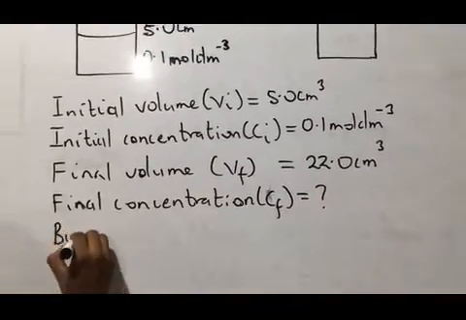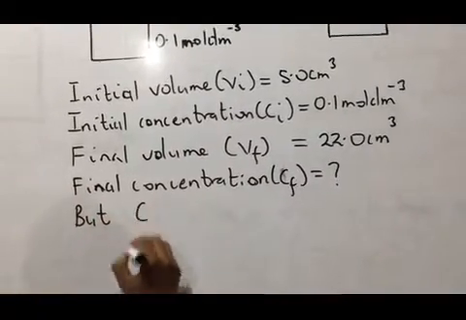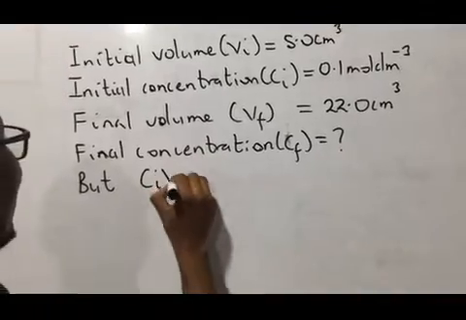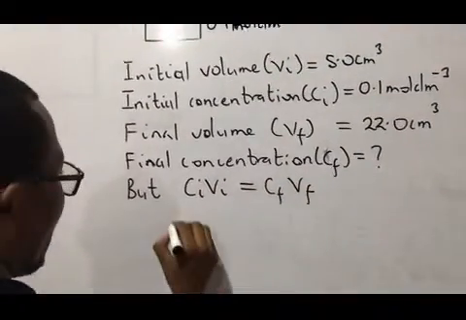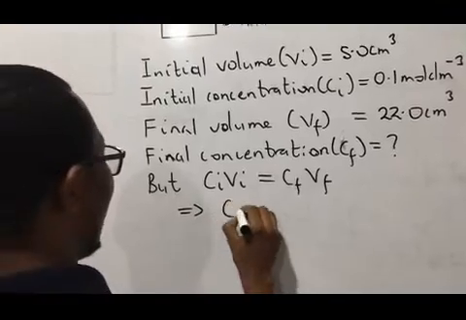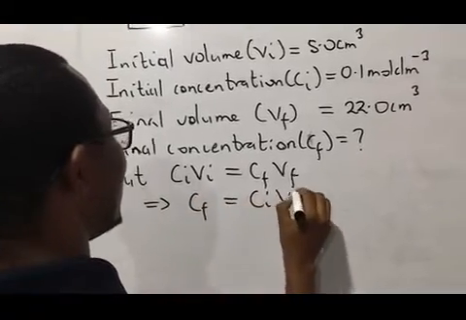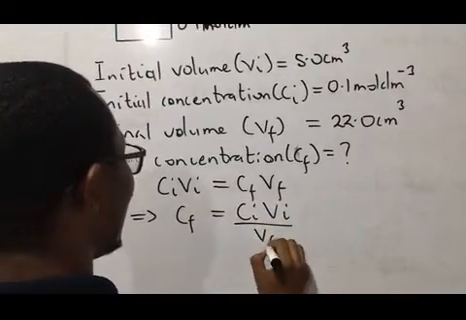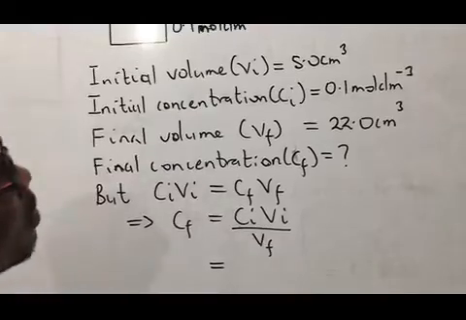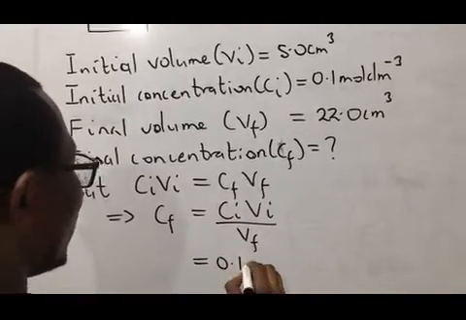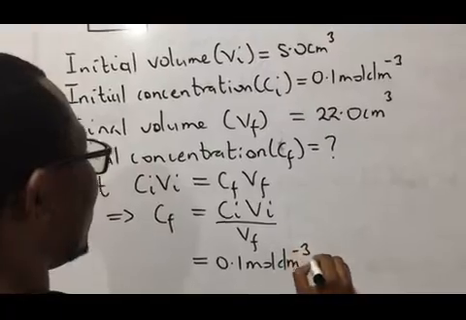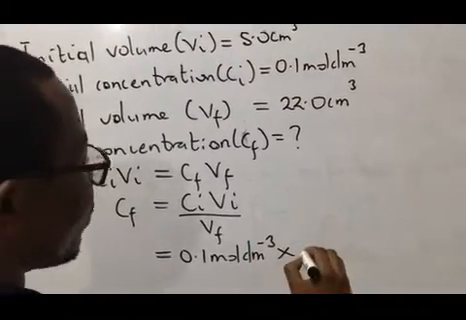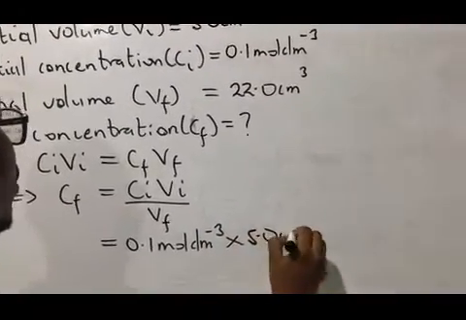So still using the dilution equation, CIVI equals CF VF. Make CF the subject, CIVI over VF. CI is 0.1 mole per dm cube. VI is 5.0 cm cube.